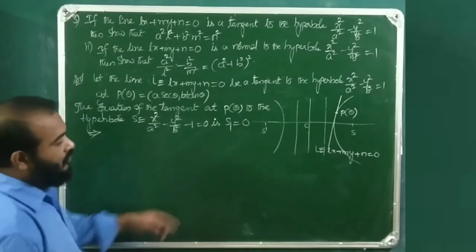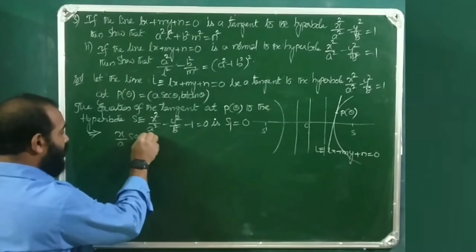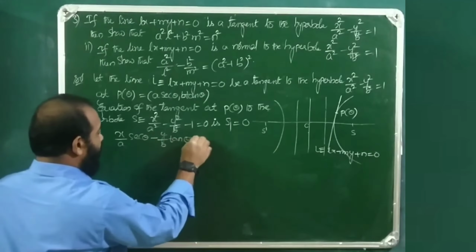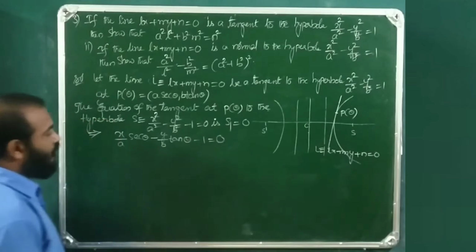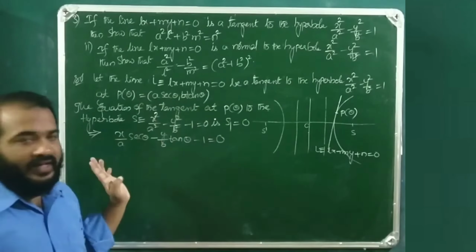That is x by a secant theta minus y by b tan theta minus 1 equals 0, where x1, y1 is a secant theta, b tan theta.